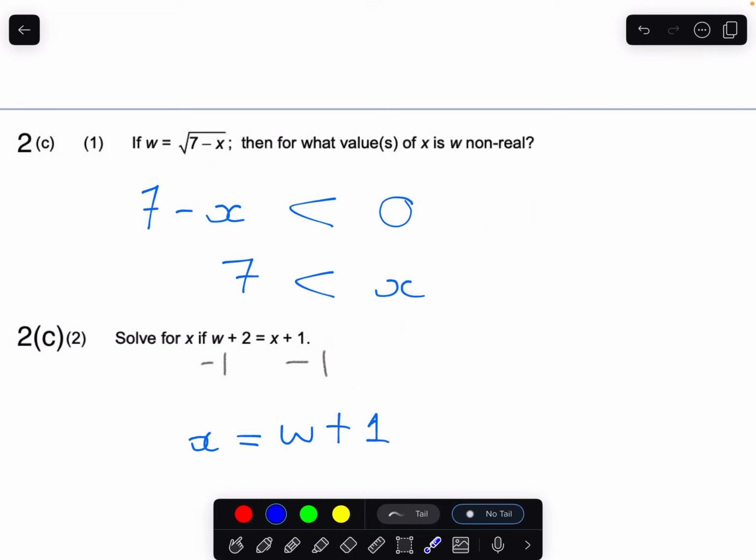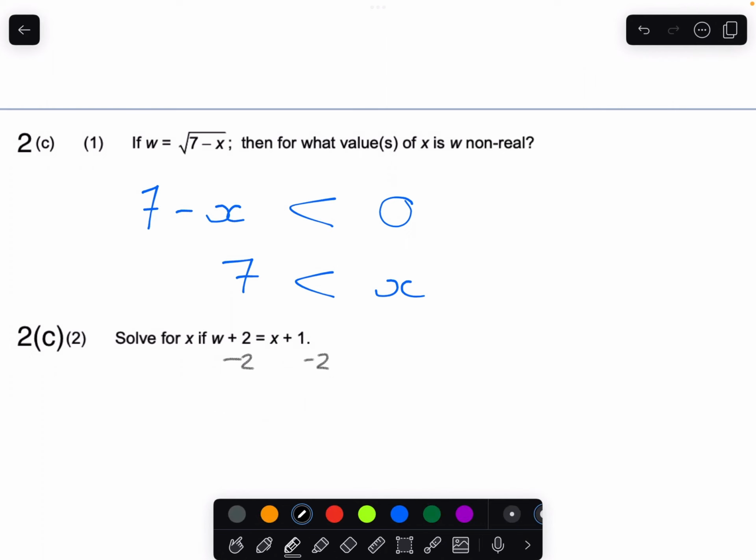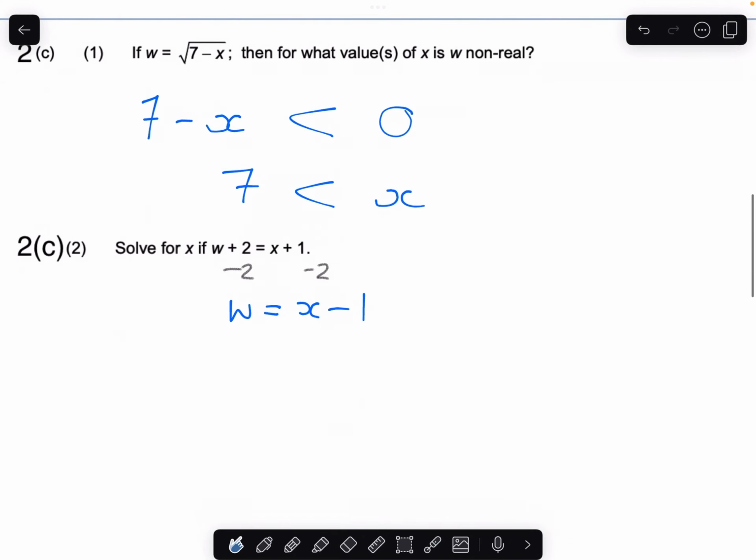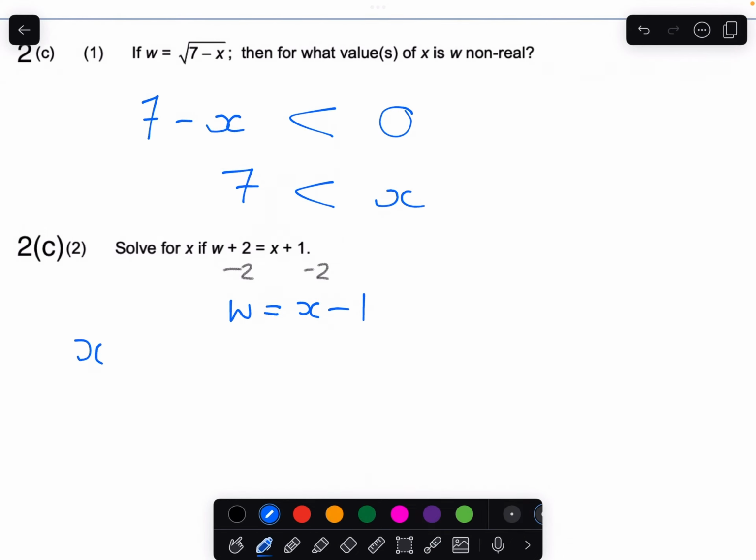So, instead of making x the subject of the formula, I will isolate the W. So I'm going to minus 2 on both sides. So that's going to be W is equal to x plus 1 minus 2, which is x minus 1. So I'm going to replace the W with that. Okay, so that is then x minus 1 is equal to the square root of 7 minus x.